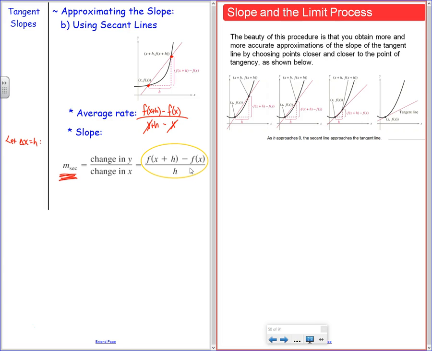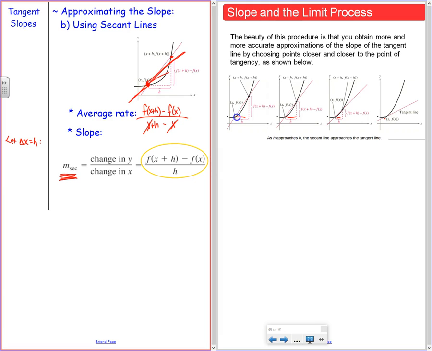The idea is, hey, if we make the h get smaller and smaller, if we had the secant lines approach, meaning the secondary point gets closer and closer, aka my h is approaching 0, all of a sudden these secants are going to get closer and closer, converging to the actual tangent line.